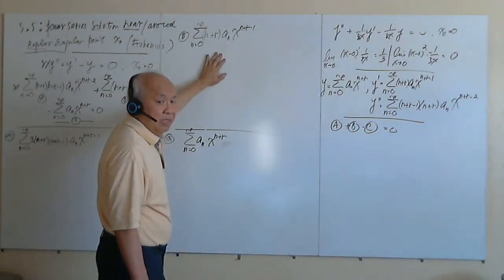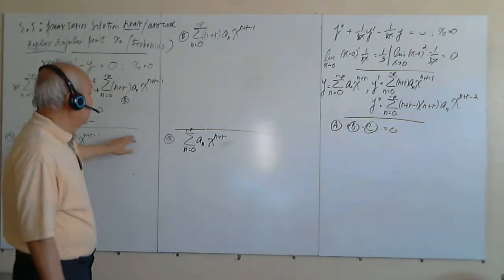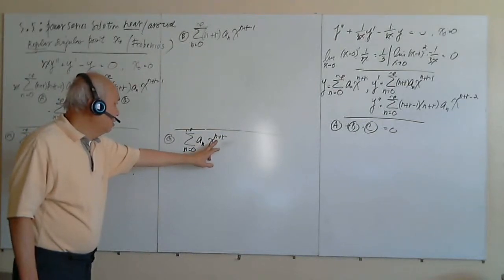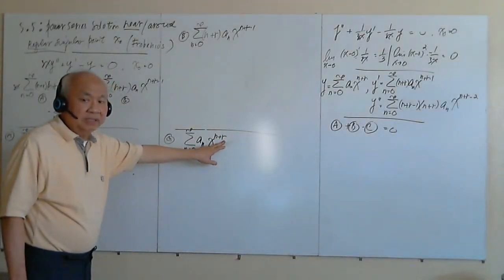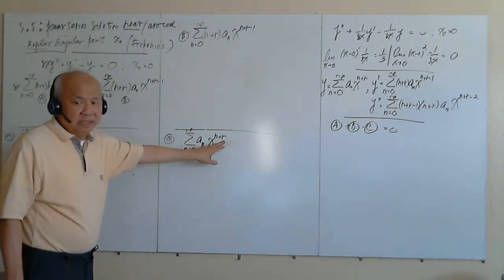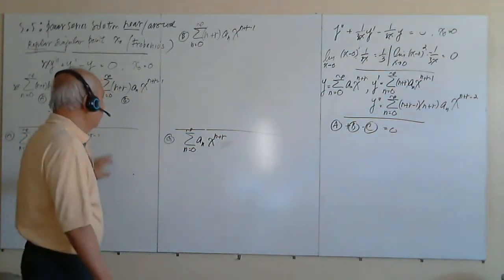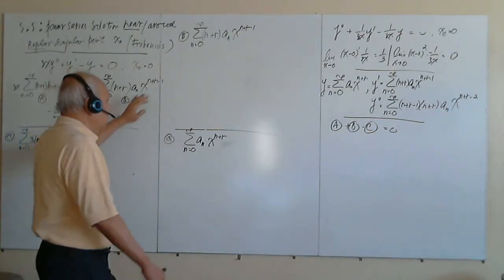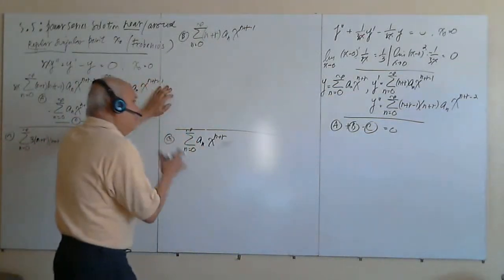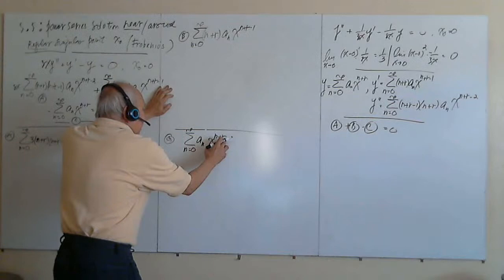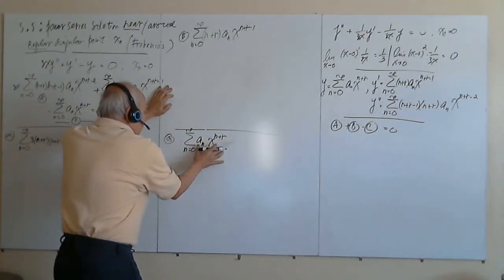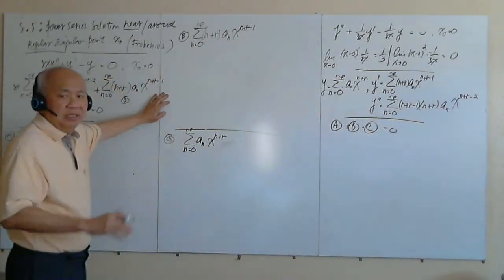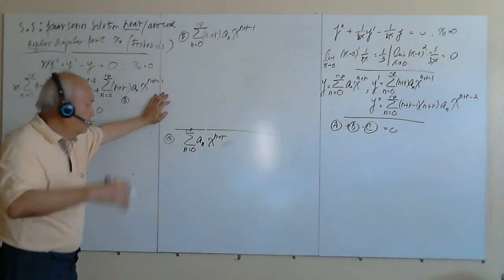Am I correct? So my first tendency is to convert this one into x with the exponent n plus r minus 1, because that is going to be the least resistant, the least work. I don't guarantee that it will work, but at least I have to give it a shot. Remember that if I am subtracting n by 1 on the first term and the second term, then as far as the sigma sum is concerned, I have to do the other way around, which is that I have to plus 1.